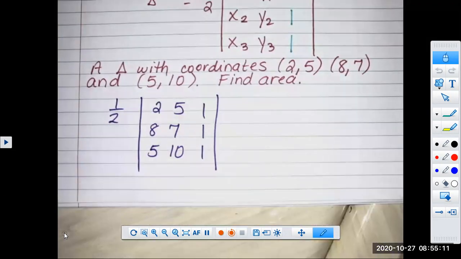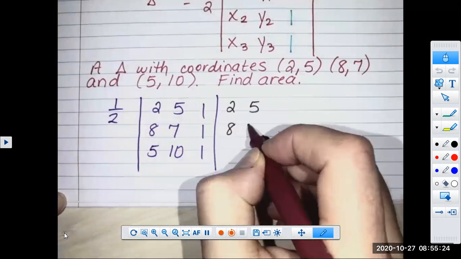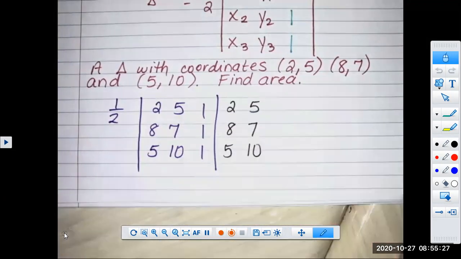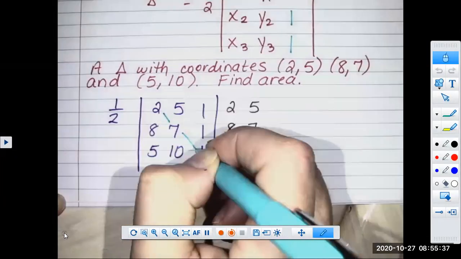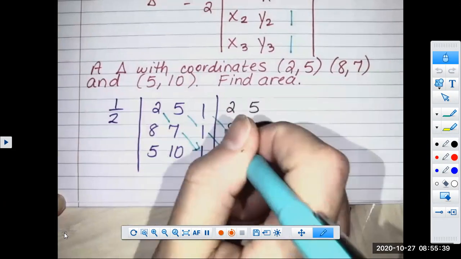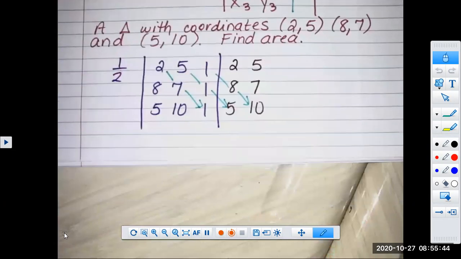Okay, so we've got to determine the 3 by 3. You write your first two columns out to the right. And multiply all the way through 3 times, starting at top left to bottom right.